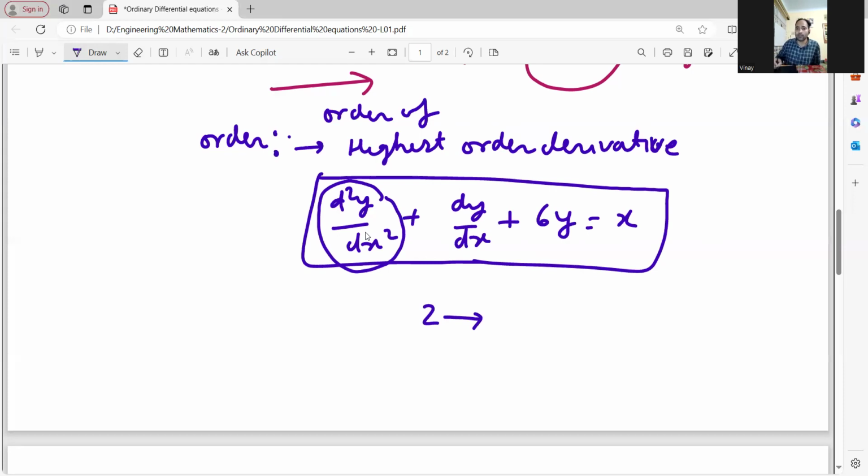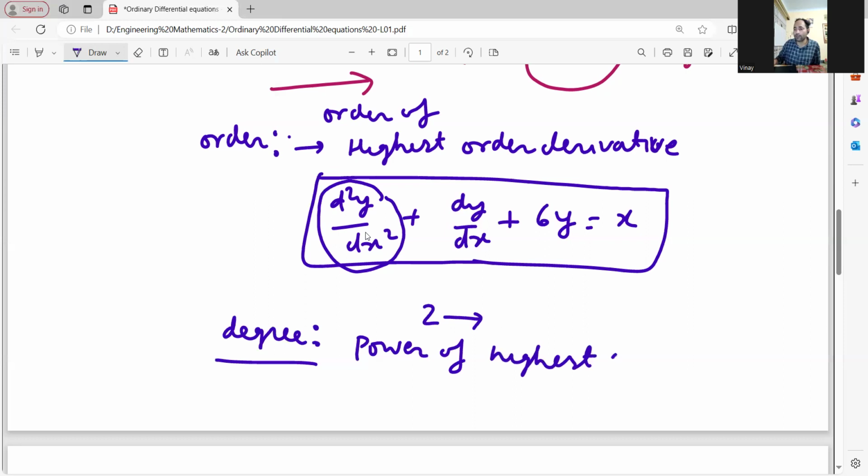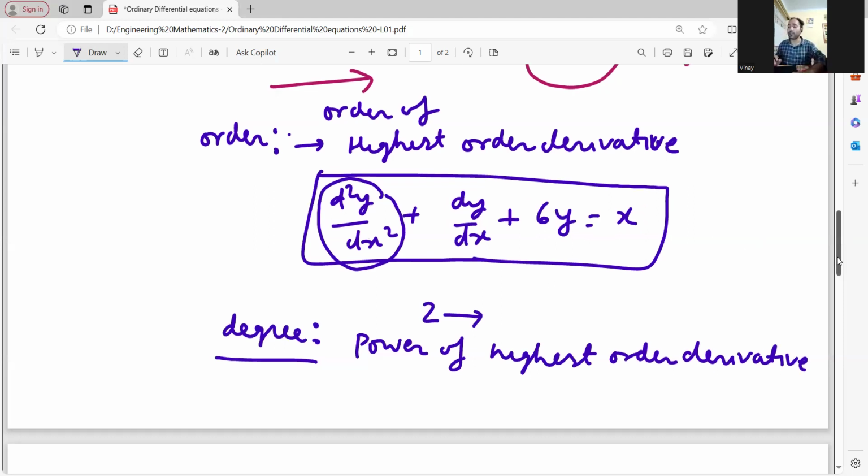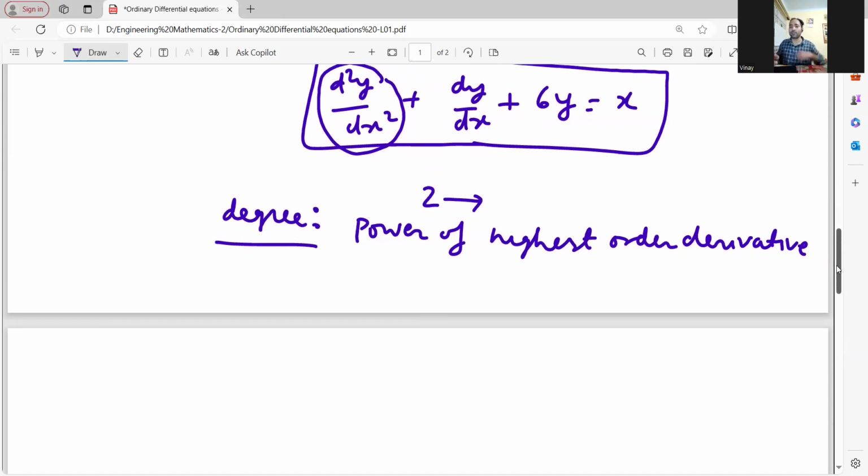What is degree? Degree is the power of the highest order derivative. But you have to make your differential equation free from radicals or powers, sorry, fractions. What do I mean by that?